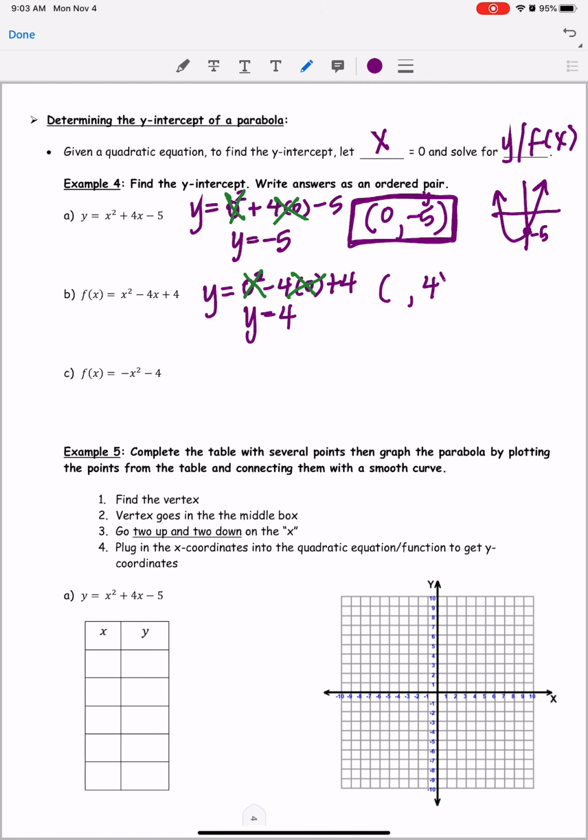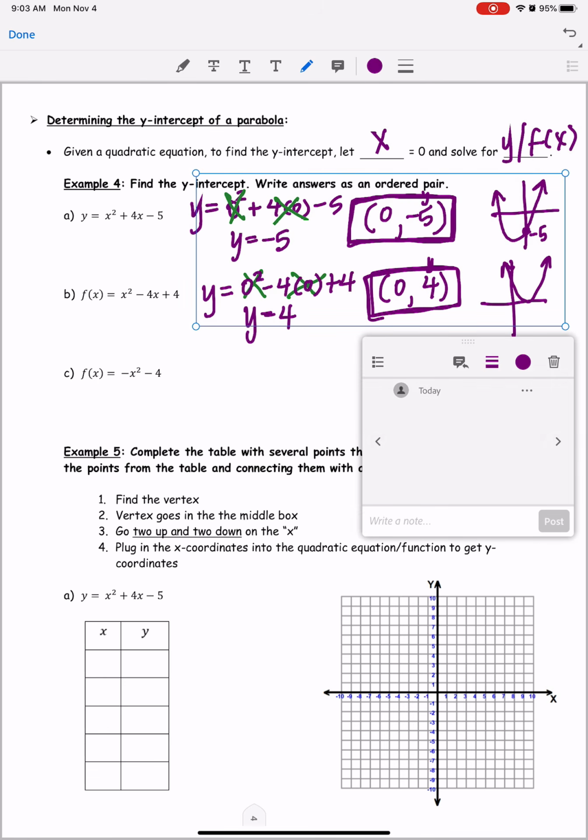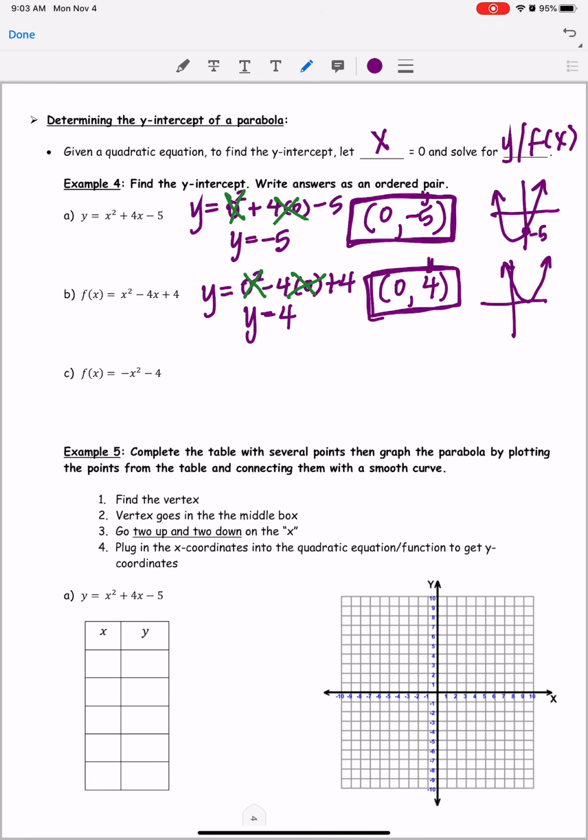My y is 4, so that goes in place of my y coordinate, and 0 for my x. And so what we have found is that the parabola crosses right here at +4.